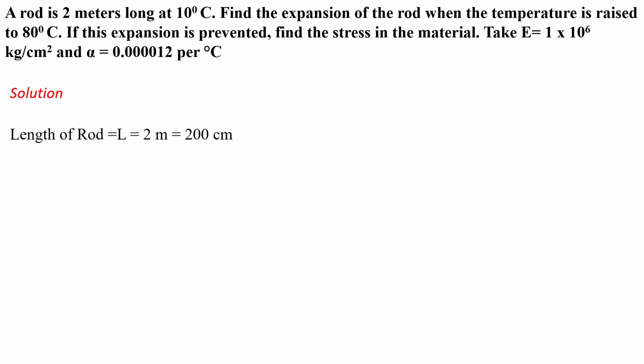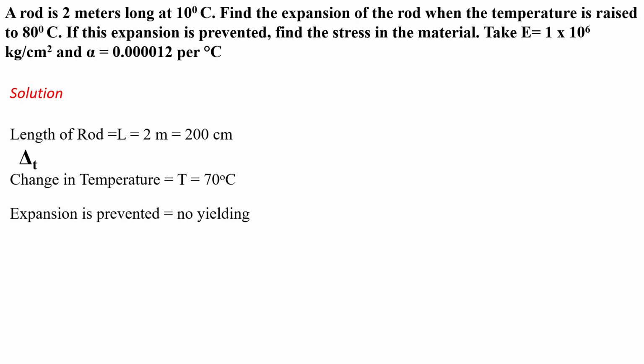Then find the expansion of the rod when the temperature is raised to 80 degrees centigrade. Initially it is 10 degrees centigrade, then changed to 80 degrees centigrade, so the change in temperature capital T is 70 degrees centigrade. If this expansion is prevented, then find the stresses in the material.